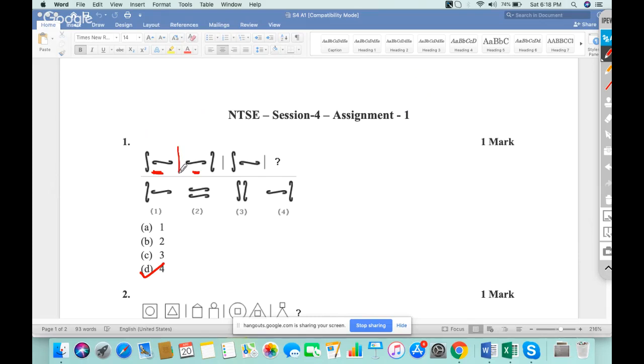So this particular line is acting as a mirror image of this. So whatever is coming here, the opposite is coming here. Similarly, if this starts acting like a mirror image, this will come first and this will come later. So whatever it is, something like this. So this comes in option 4. So option 4 is the answer over here.